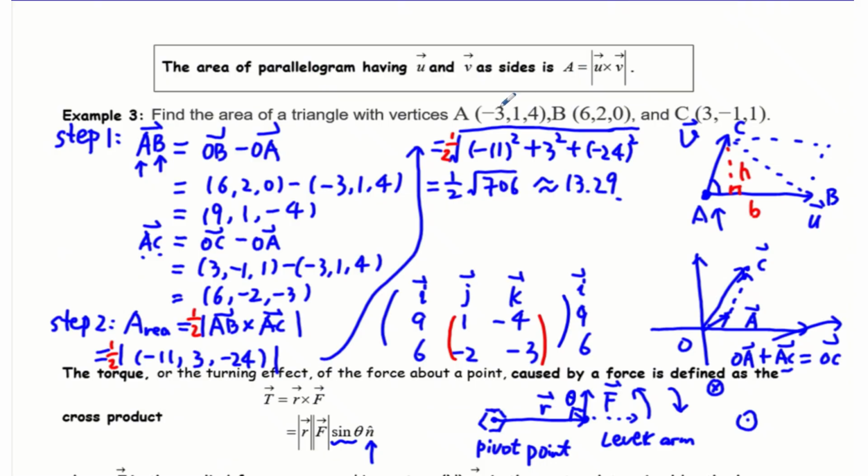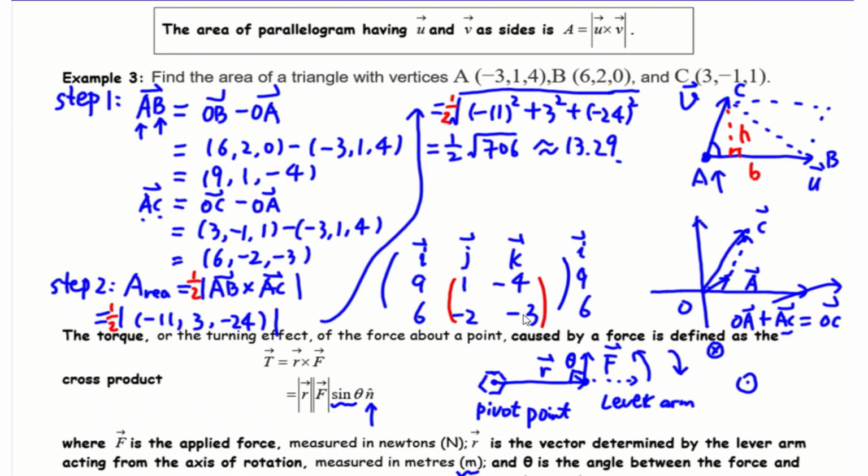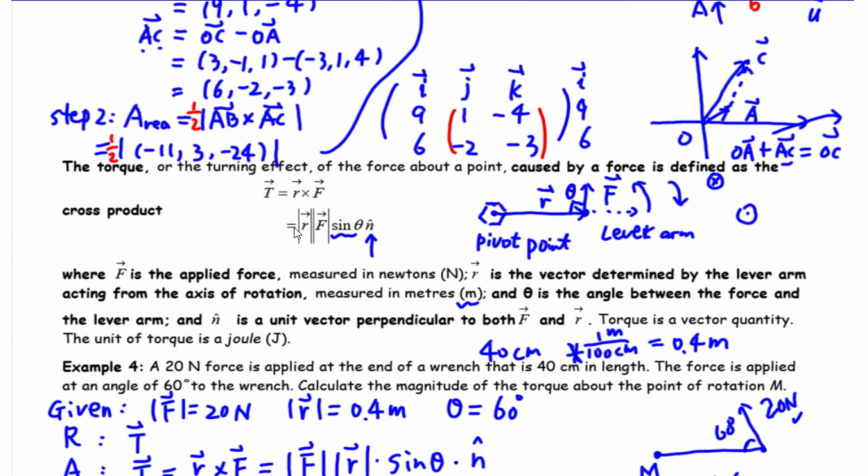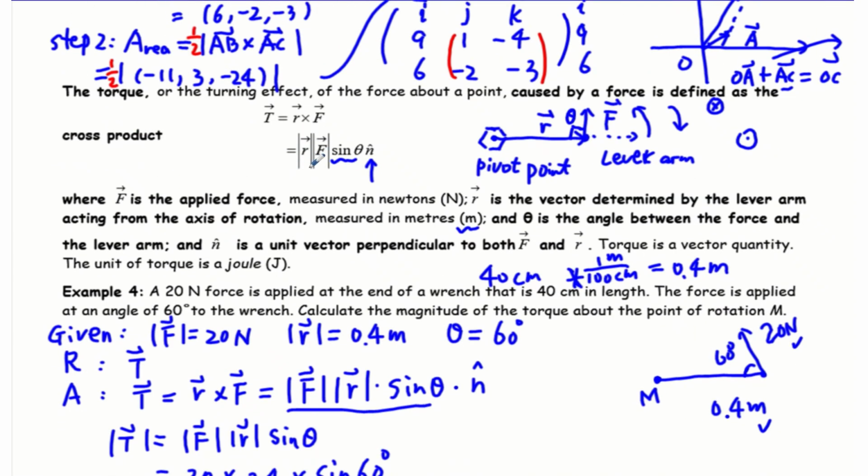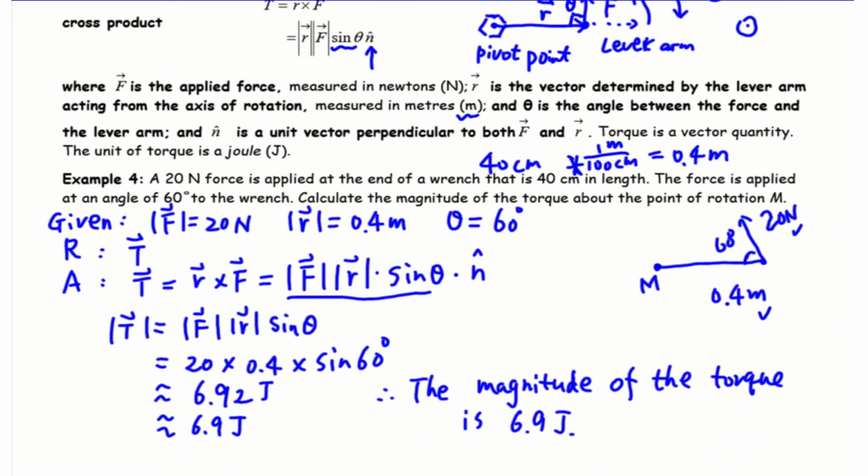Then the area is just the cross product for a parallelogram; for a triangle it is just half. And the vector AB, we could use OB minus OA. Then we could use a matrix to find the cross product. And the torque formula is just the magnitude of R times the magnitude of F times sine of the angle theta. So thanks for watching.